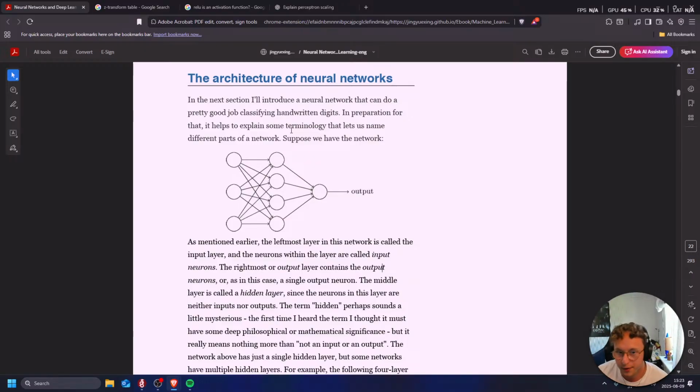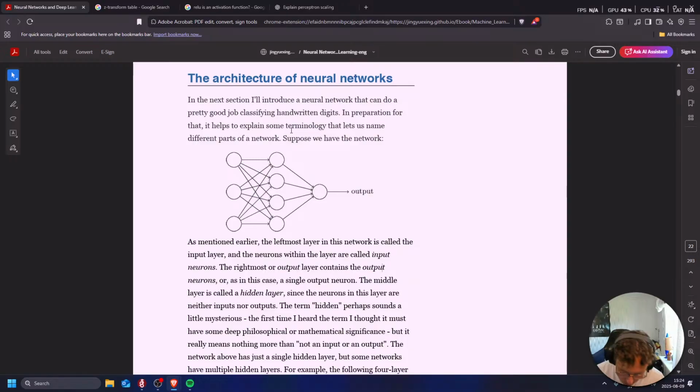So here we're going to call the leftmost layer the input layer. The middle, I think they call it input layer.